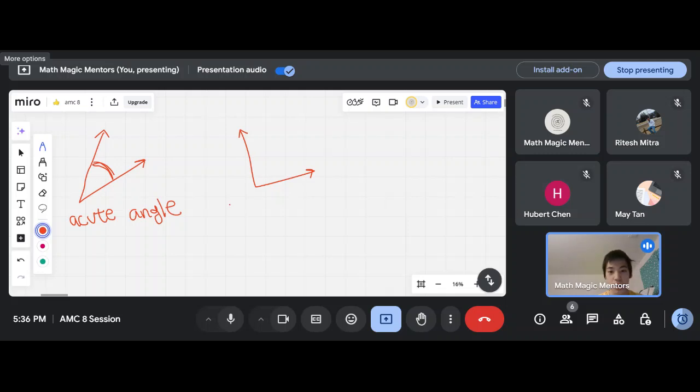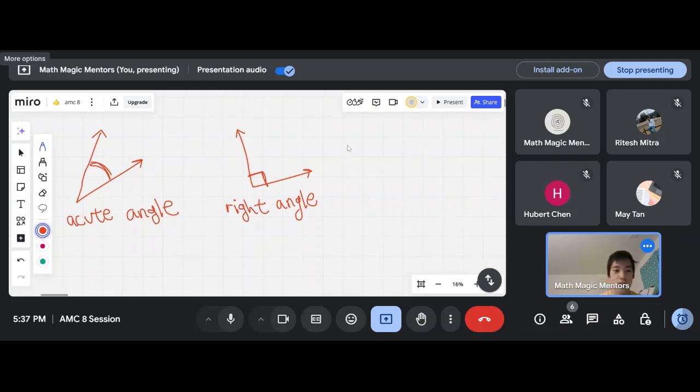This is called a right angle, and we usually denote a right angle with a square notation on the vertex. We also have this kind of big angle, which is an obtuse angle.